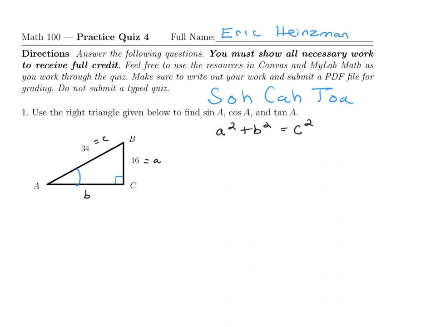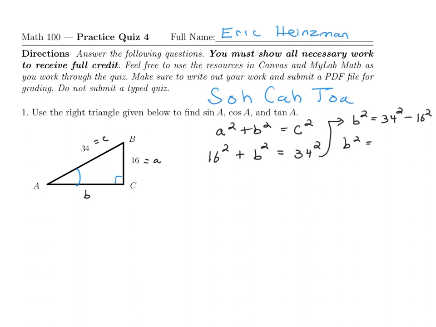If I put 16 in place of A, I don't know B, but C is equal to 34, we can solve for B squared if we subtract 16 squared to the other side of the equation. So B squared is equal to 34 squared minus 16 squared.